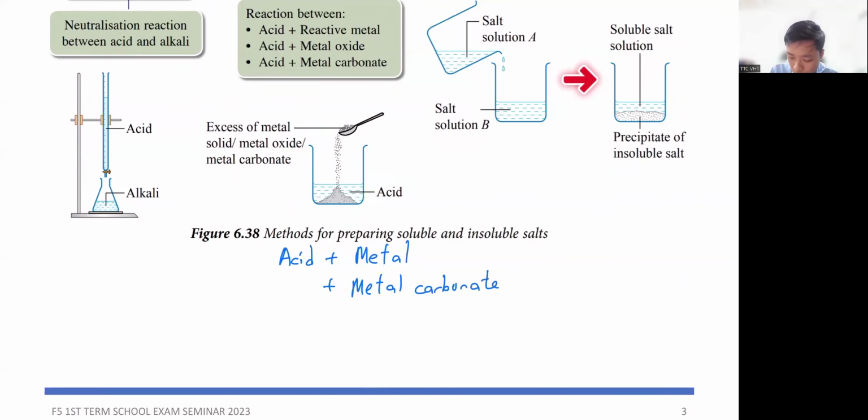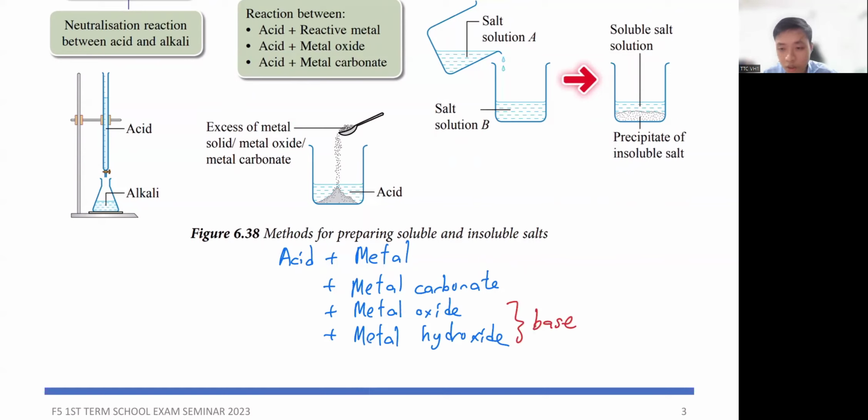Third and fourth, acid can also react with metal oxide and metal hydroxide, where the oxide and hydroxide are bases. So in a simple way it is M, MCO3, MO, and MOH. The reason you remember this is because you need to learn how to prepare soluble non-sodium, non-potassium, non-ammonium salt.